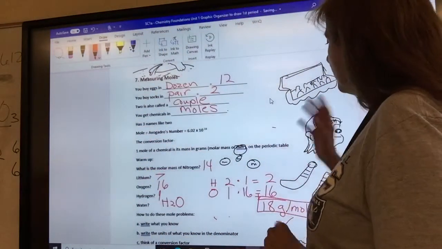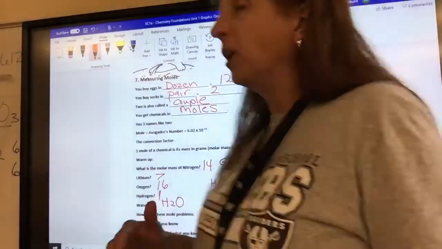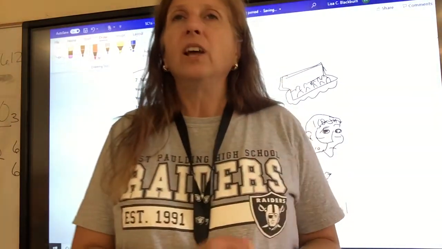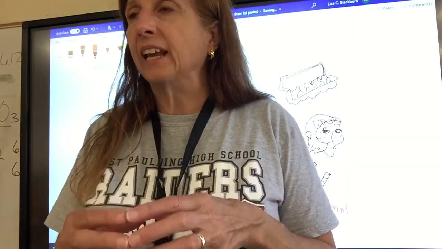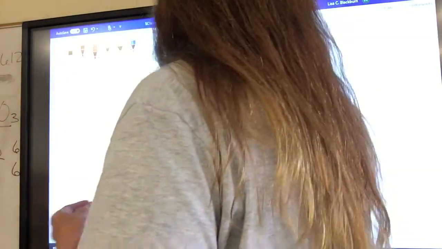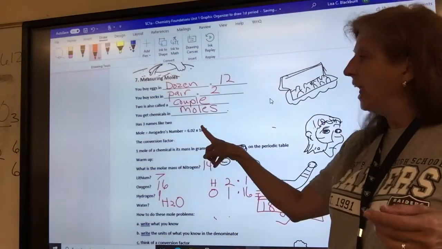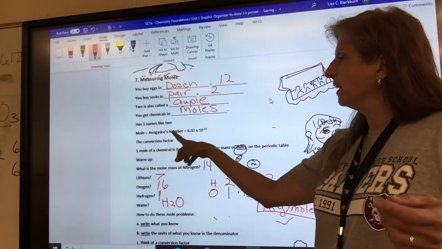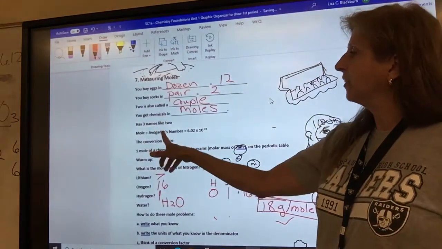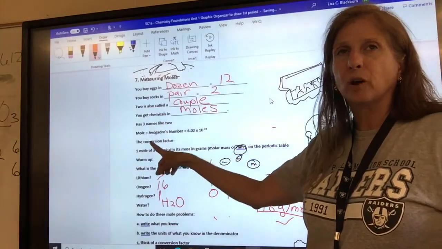And so this unit that we use to measure chemicals in is called the number, and it's 6.02 times 10 to the 23rd power, right there. See that? It is called a mole. But in honor of him, it has a third name, just like pairs and couples. It's also called Avogadro's number.